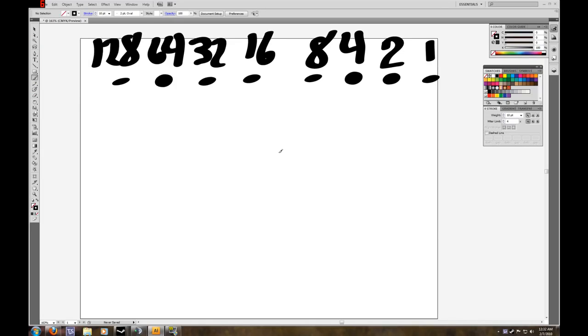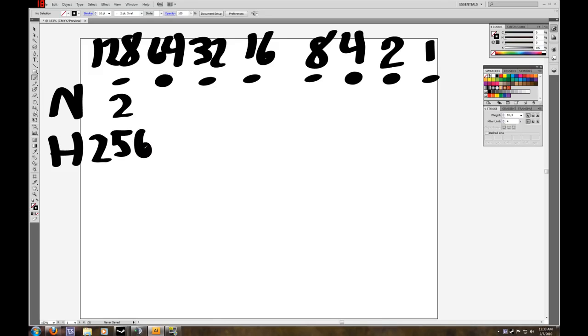And below that, I draw out the network and host. Now you may be wondering, what do you mean network and host? Well, what this means is if I had the 128 bit on, that would give me 2 possible networks, and 256 hosts, if I decided to leave 8 bits for hosts.